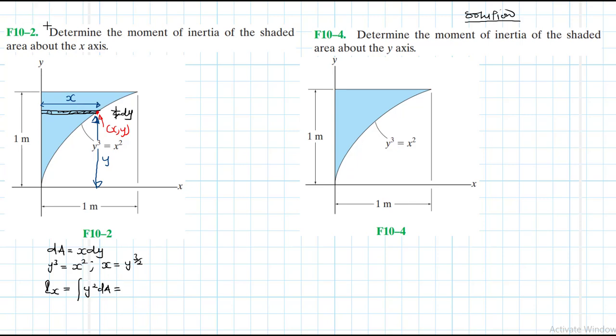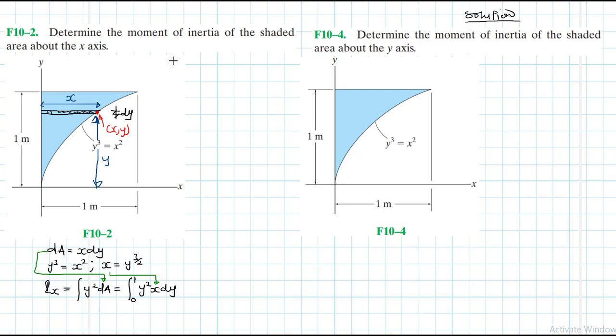Replacing our dA, we are going to have integral, of course, the integration limits are from 0 to 1, y squared. Our dA is just x dy. So we need to replace the x also here.